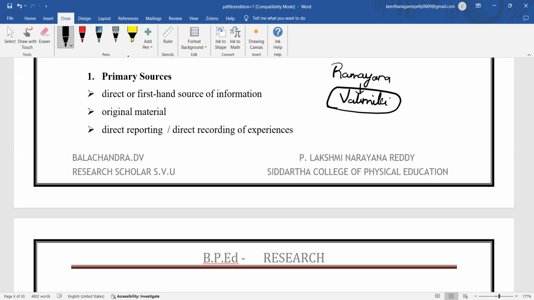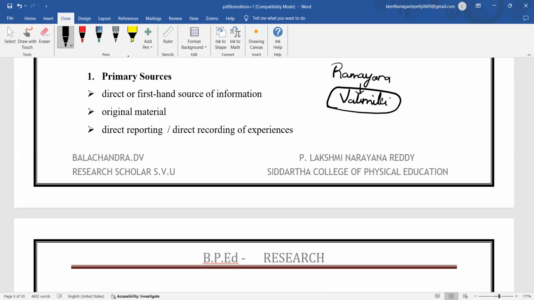The very first book known to mankind on Ramayana was written by Valmiki. I am not aware whether there were books on Ramayana before the Valmiki Ramayana, and I'm not commenting on that. I'm just giving an example to make you understand what primary sources are.